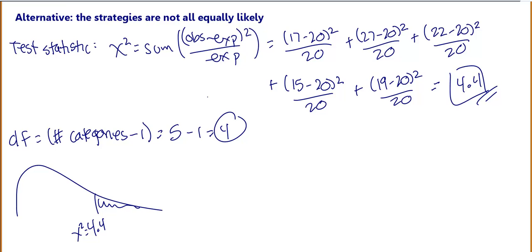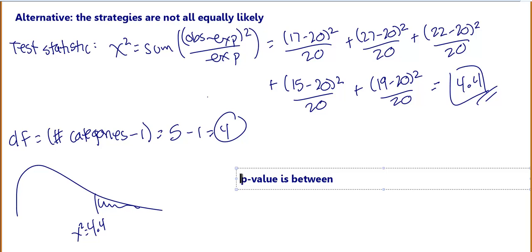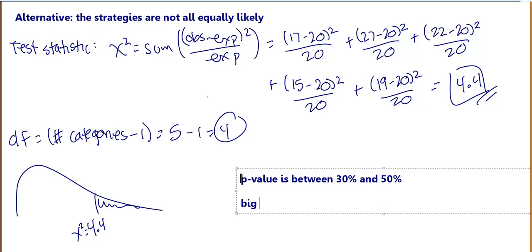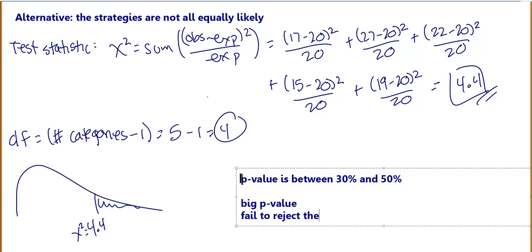It's also a coincidence that all the problems we've done in this video have had big p-values. So the p-value is between 30% and 50%. So that is a big p-value. So we will fail to reject the null hypothesis.